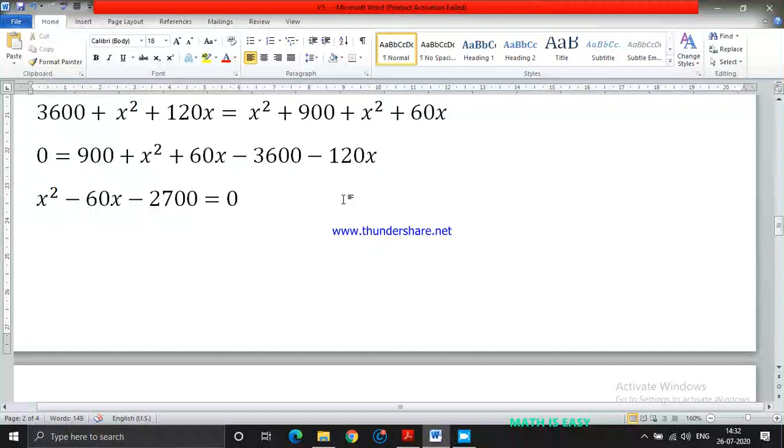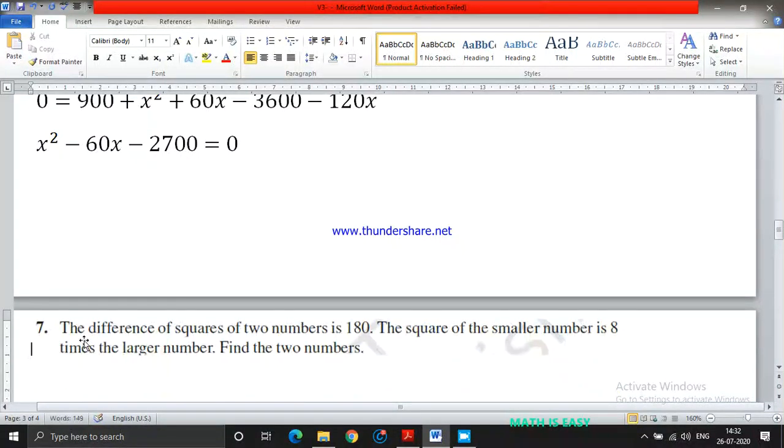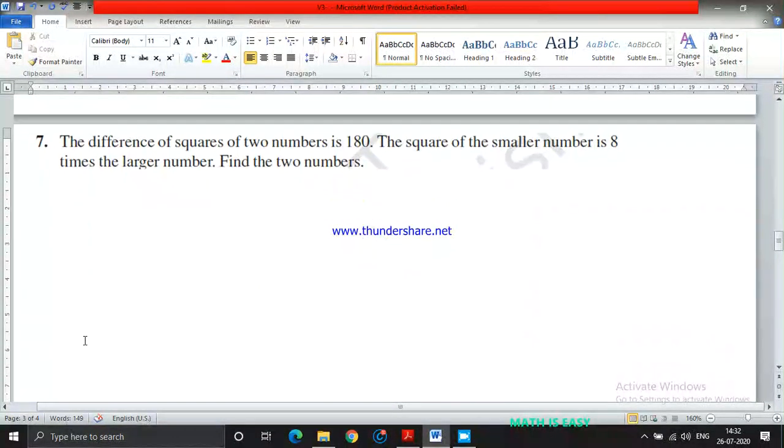Now how do you factorize this? 2700 factors, the sum of two factors has to be 60. I think 90 into 30, minus 90 plus 30. 90 into 30, if I multiply, I'll get 2700, and minus 90 plus 30 will give me minus 60. So you got the factors also. Please try to solve it and get the value of x.